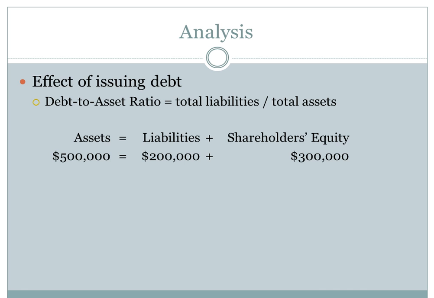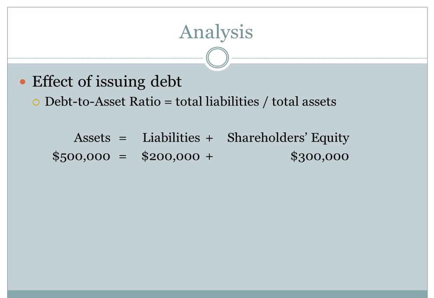When we look at the balance sheet, assets equals liabilities plus shareholders' equity, we can see in this particular example we have a company that has $500,000 in assets, and that's financed by $200,000 in liabilities and $300,000 in shareholders' equity. 200 plus 300 adds up to 500.